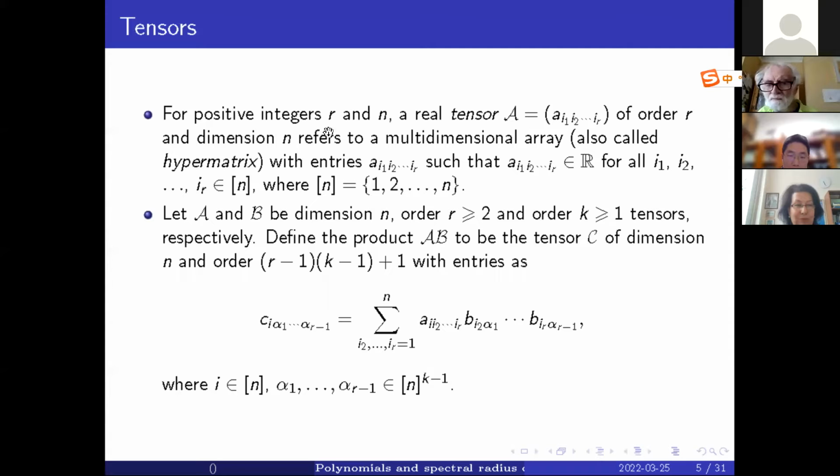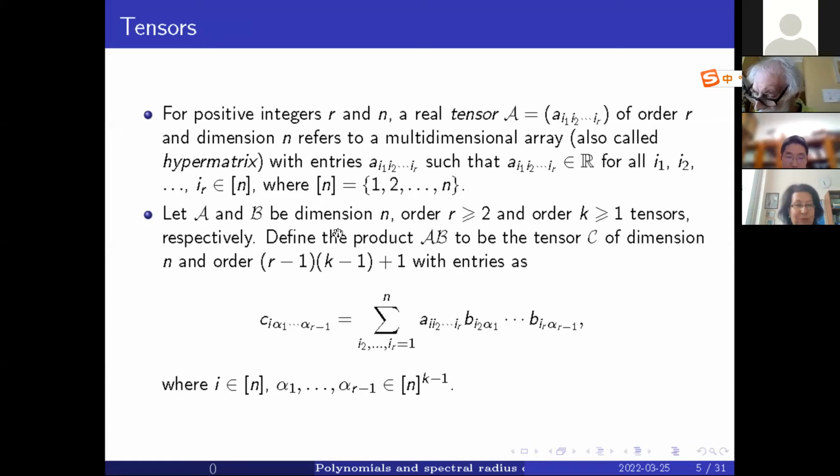For two positive integers r and n, a real tensor A of order r and dimension n refers to a multi-dimensional array, also called a hypermatrix, with real entries, such that each entry has r subscripts. Each subscript is from 1 to n.